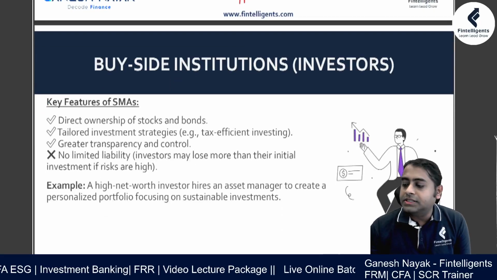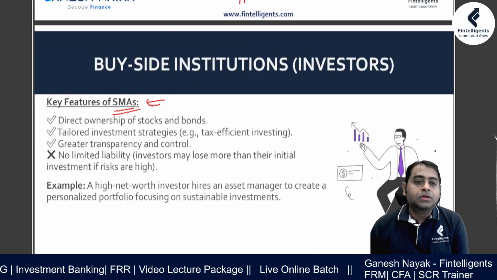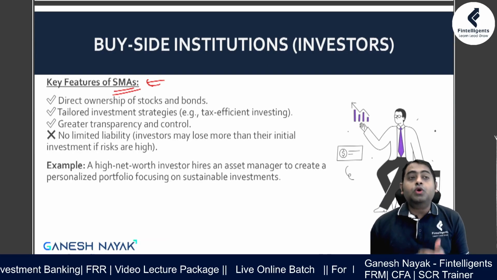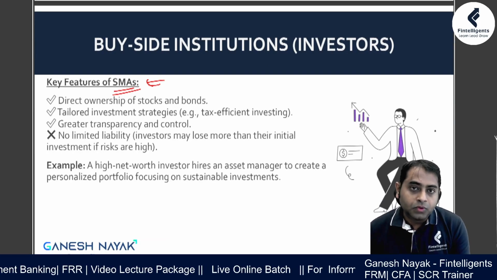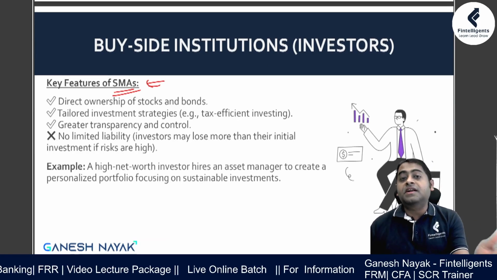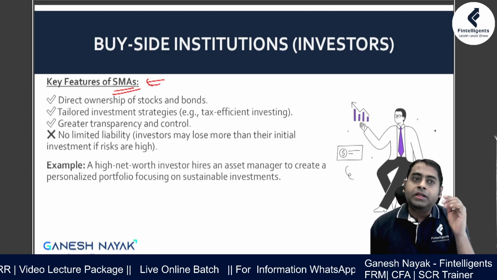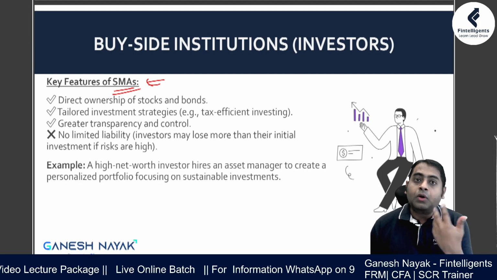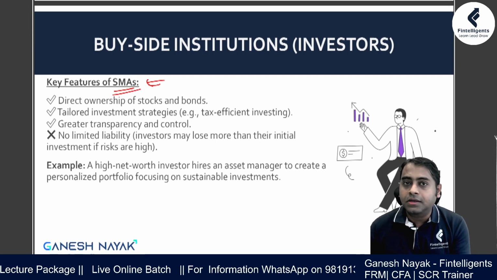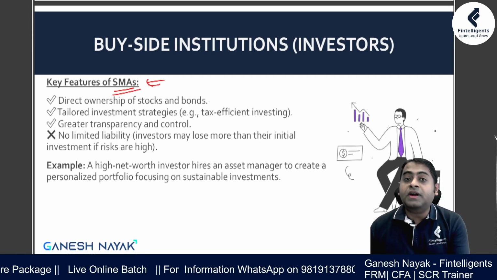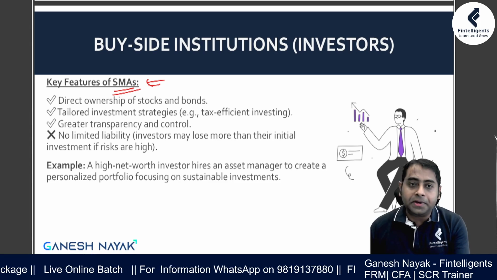Okay, why would somebody go for a separately managed account? If you want to be involved in the decision making, you want to know how the fund manager is taking decisions, you have clarity. Okay, because in mutual funds and hedge funds, they don't inform you every time how they have performed. There is no direct access to the fund manager or the person who is executing it, right?